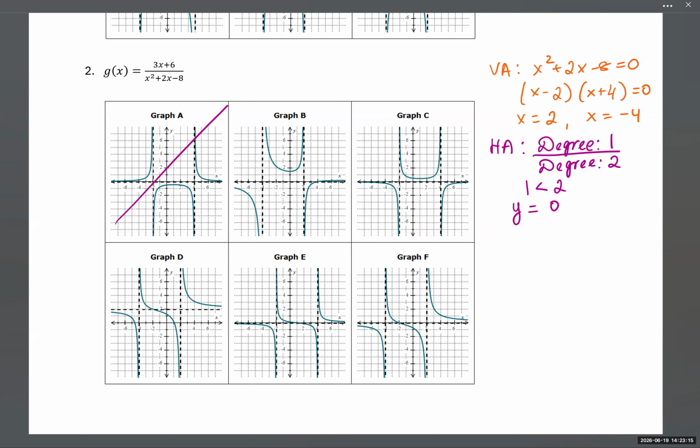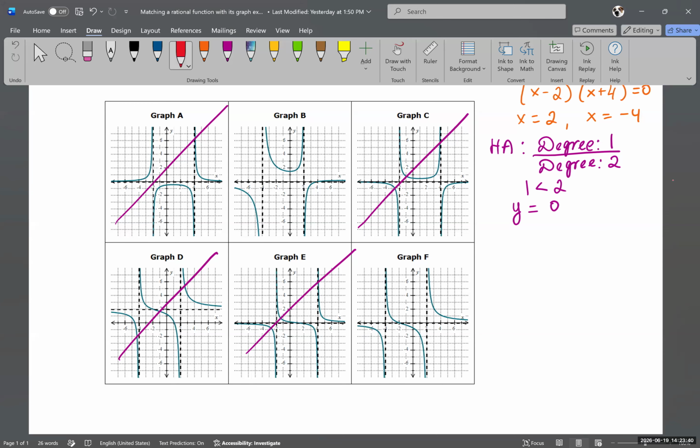Graph C, the signs are reversed on the vertical asymptotes. Graph D, the horizontal asymptote is at 2, so it's not going to work. Graph E, also reversed signs on the vertical asymptotes, so we're down to 2 graphs, just B and F. Let's go ahead and create a test point to make sure that we can pick between those.